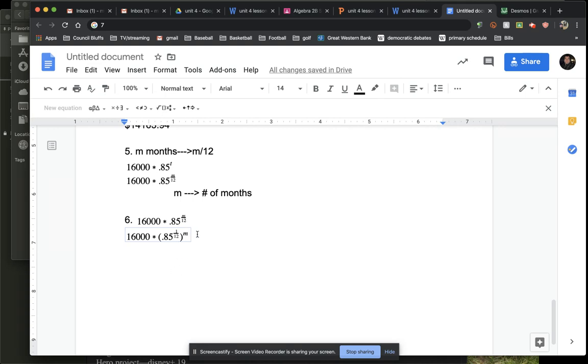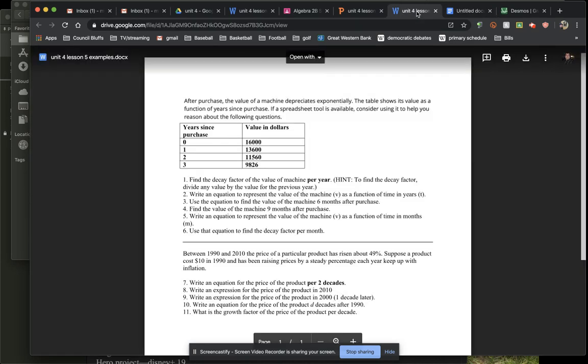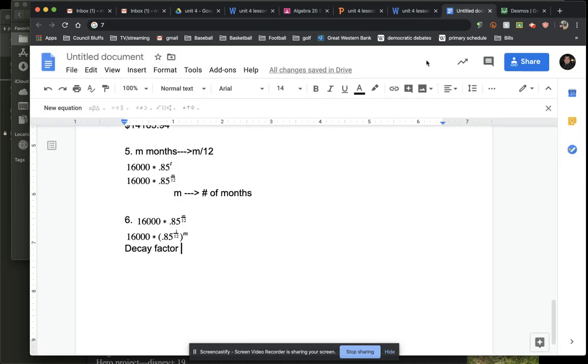So these two literally mean the same thing, because 1/12 times m is equal to m over 12. And by rewriting it this way, I can now say with certainty that the decay factor per month, to answer the question, is not 0.85.